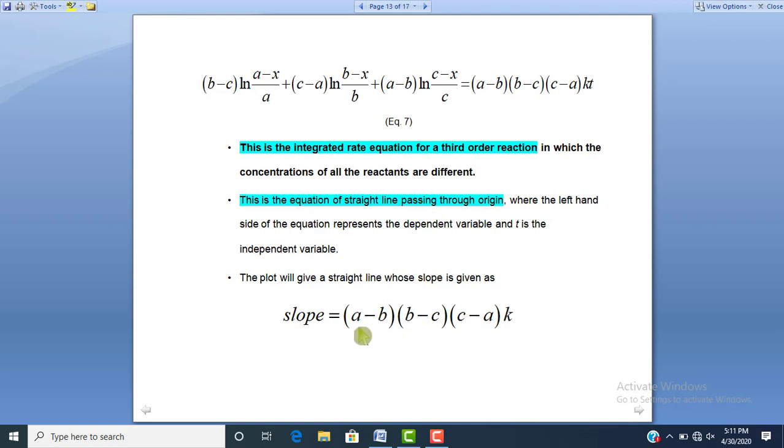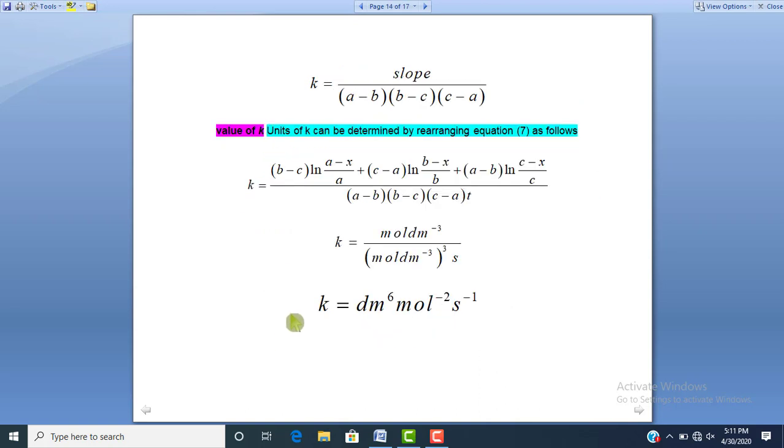By dividing the slope by a minus b, b minus c, c minus a, we will get the value of rate constant k. So if we want to determine the rate constant for a third order reaction when all the initial concentrations are different, then we will measure the slope from the graph and divide it by the initial concentration values of reactants A, B and C according to this equation.